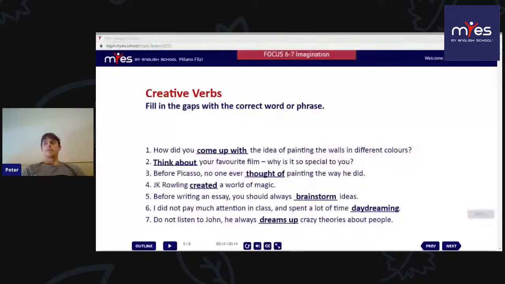To think about is the process of thinking. If you think about football in your mind, you have the football players, the football teams, and normally it's to try and find something specific. To think about and to think of are synonyms.